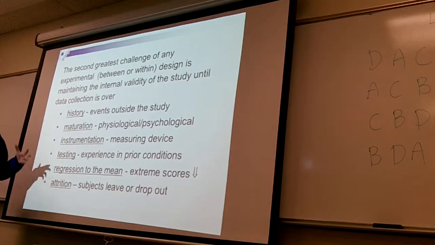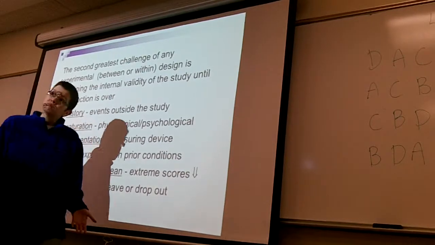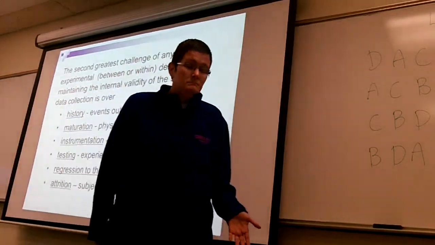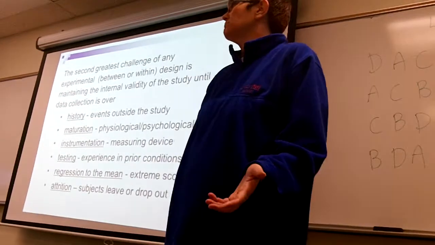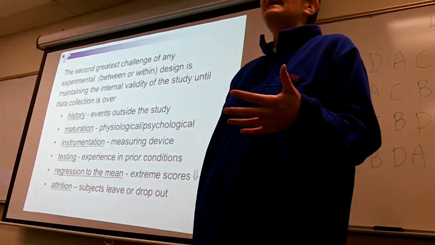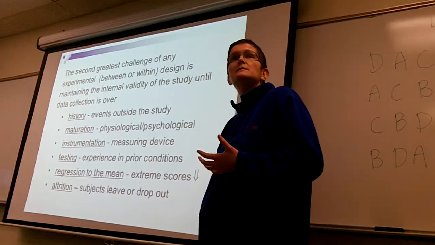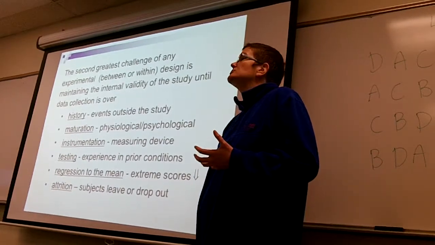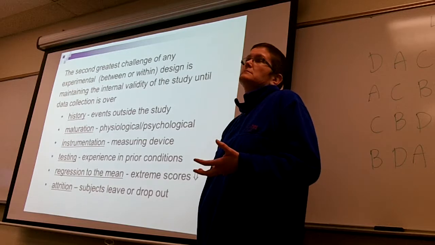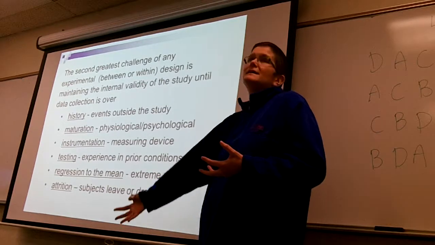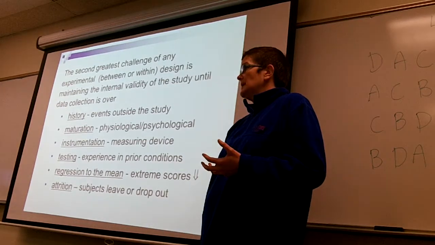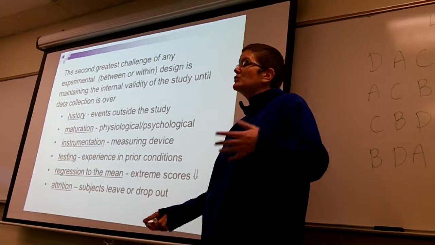And it doesn't have to be something that major. It could be something less dramatic. It can be anything that causes the people who give you data early in the study to respond differently than the people who give you data later in the study. And it's some external event that you have no control over.